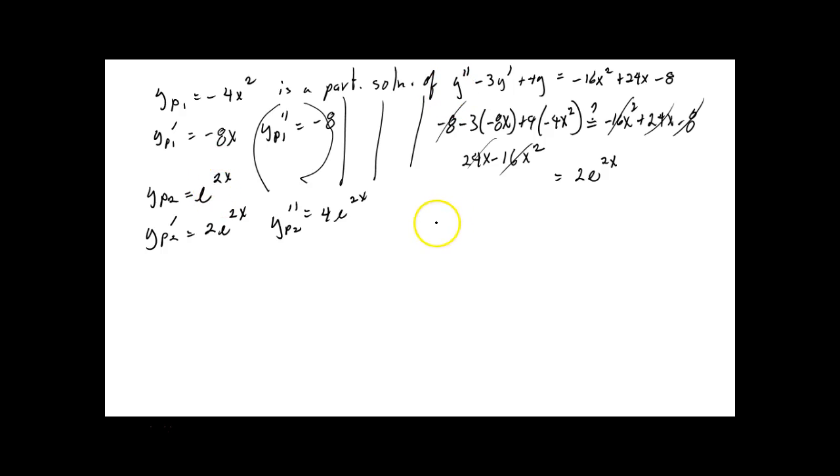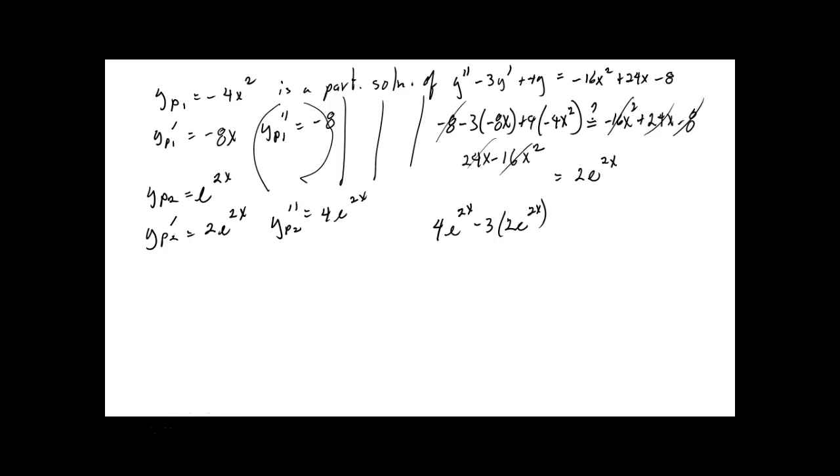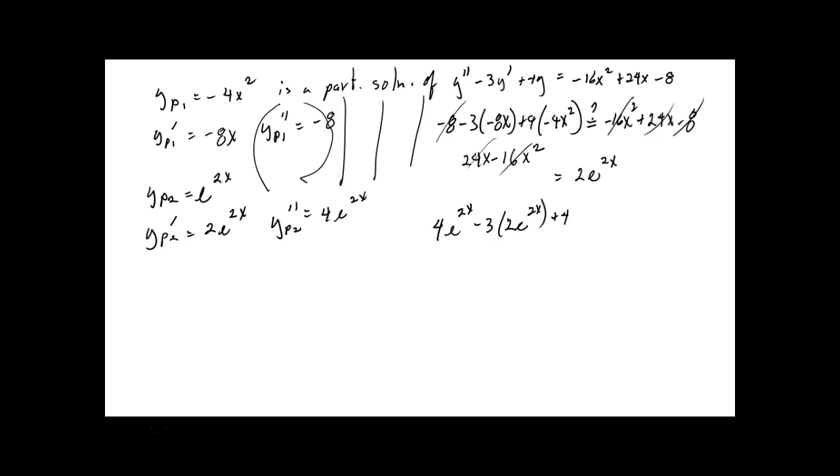Y double prime is 4e to the 2x minus 3 times y prime, which is 2e to the 2x, plus 4 times y, which is e to the 2x.